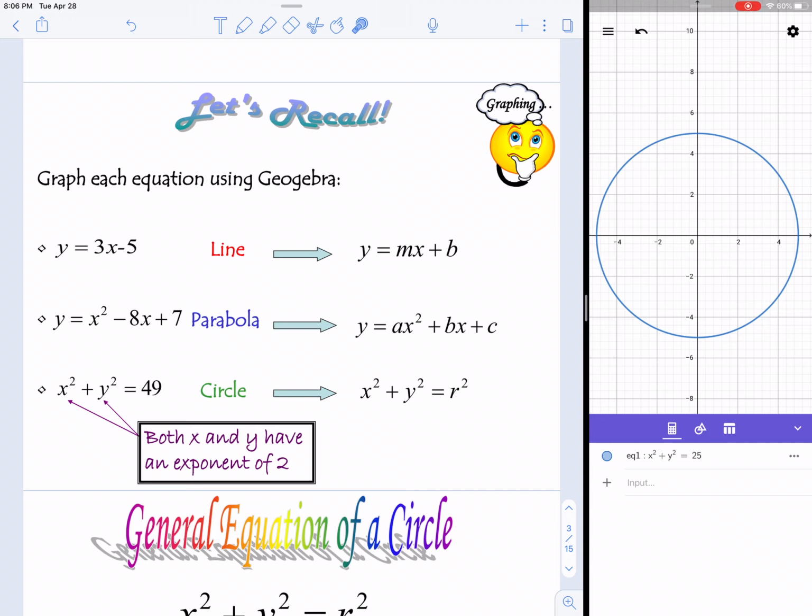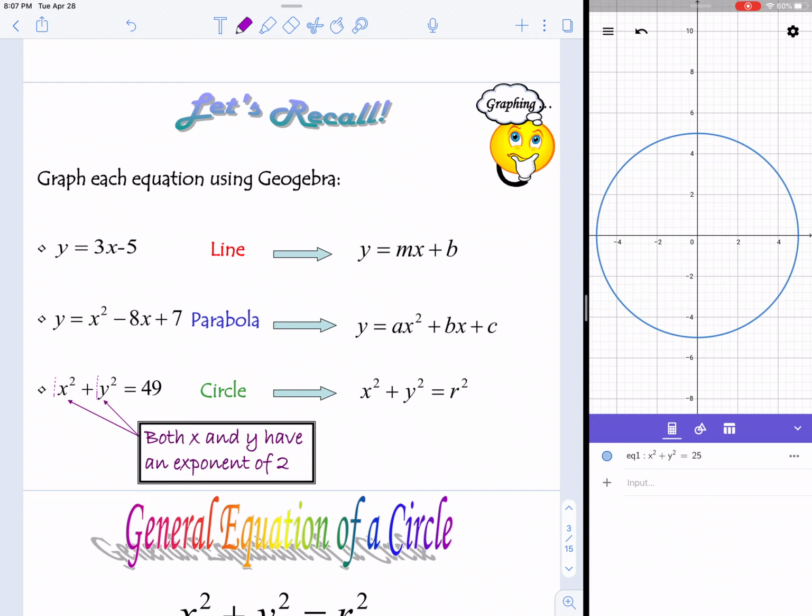Another very important thing about the circle is that the coefficients of x squared and y squared are always going to be the same. If one of those coefficients is different, it's going to be elliptical. It'll be stretched either wider or taller, and you'll look at that in Algebra 2 as well.